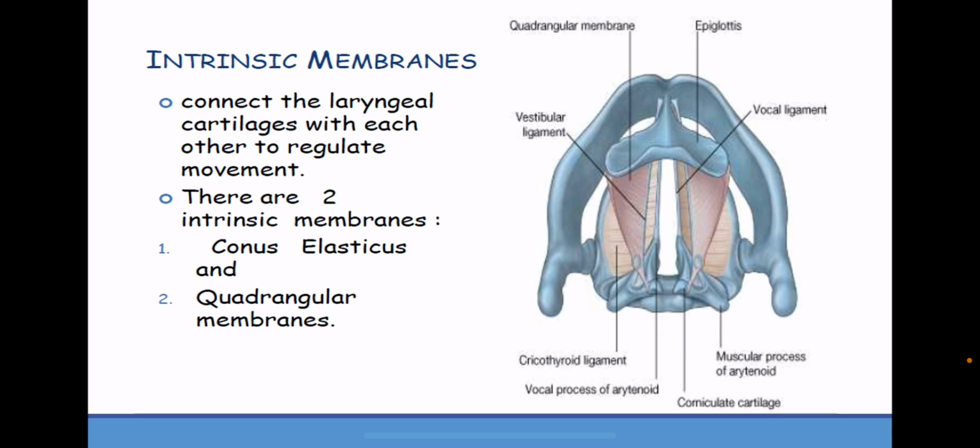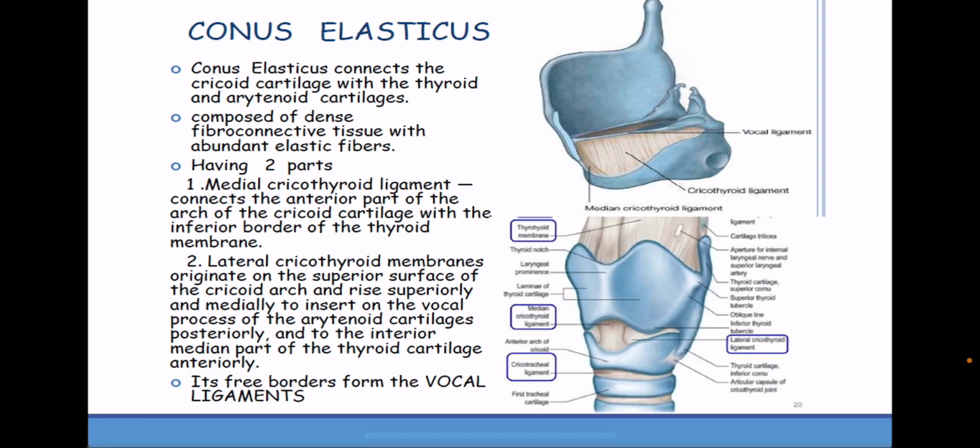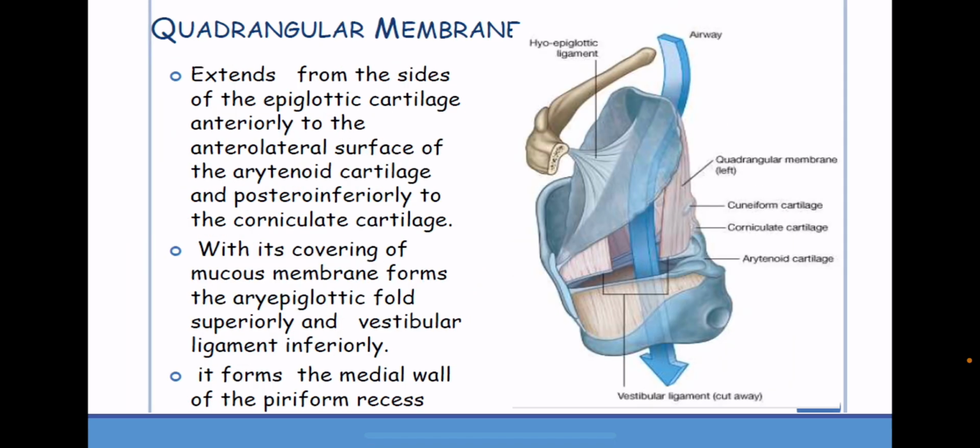There are two intrinsic membranes, conus elasticus and quadrangular membrane. Conus elasticus has two parts, medial cricothyroid ligament and lateral cricothyroid membranes. Its free border forms the vocal ligaments.